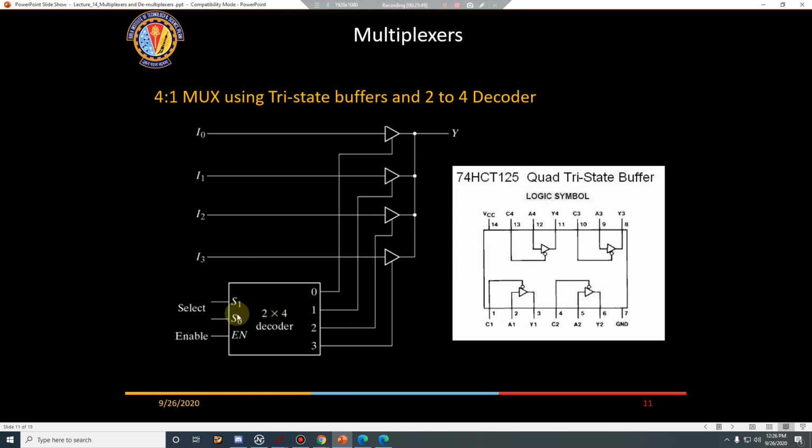If you have 1 0, the third line will be activated and you have I2 coming here, and if you have 1 1, this line will be activated. So you can make a MUX by using a decoder and a tri-state buffer IC. Is it okay?